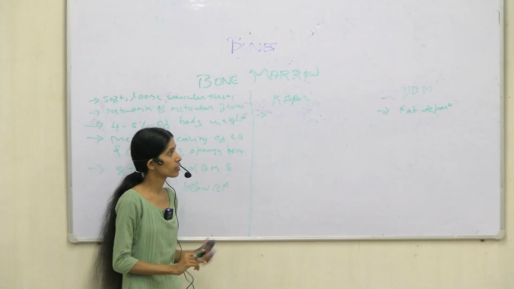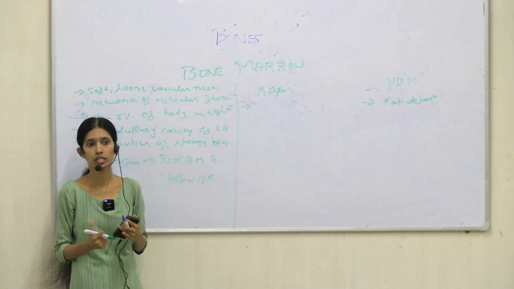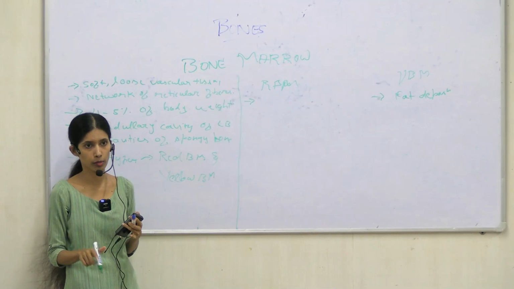Okay, fine. For red bone marrow and yellow bone marrow, you should mention the stem cell names and where they are present. These are the 2 important points.